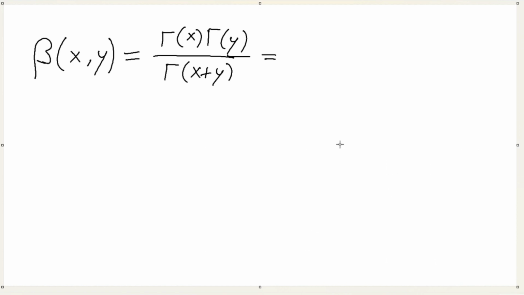Unfortunately, I hate this new paint. So we would stick with this, because it's easier to memorize the definition of beta in terms of gamma, and then once you have it in terms of gamma, you can go ahead and put it into factorial form.